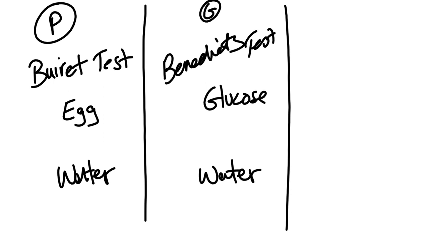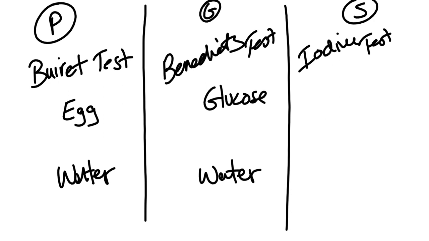Lastly, we have our starch test. And this one is like our Biuret test, so the iodine test. This will just be a simple, once I add the IKI to the samples, we get a color change or not get a color change depending on what we're looking at.